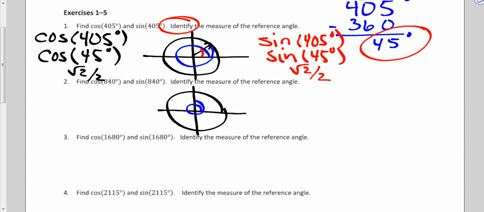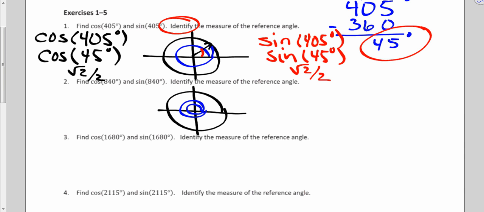If I go a full second time around, how much is that? 720. Skateboarders know that. How much further do I have to go to get to 840? 720 to 840 is 120, right?